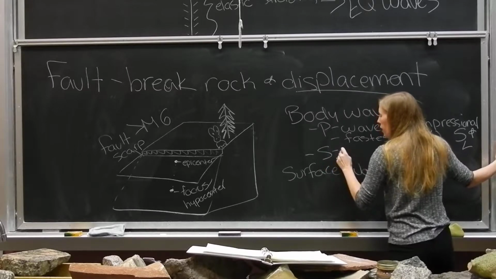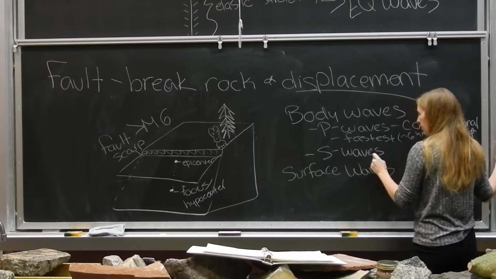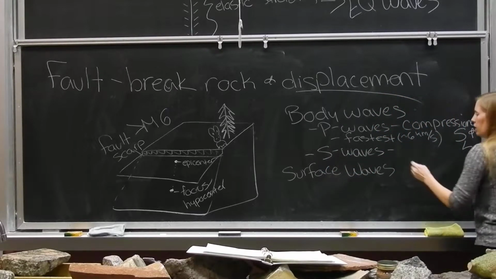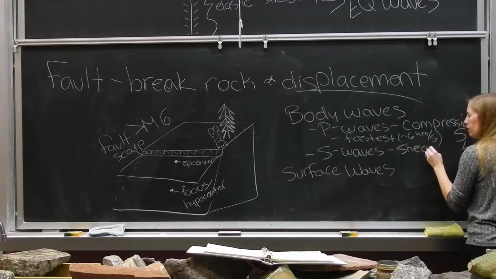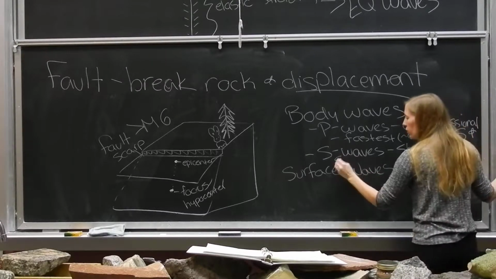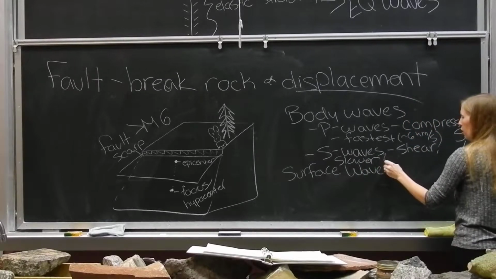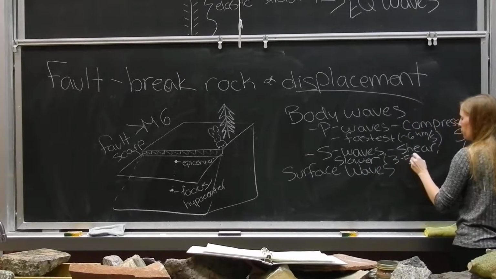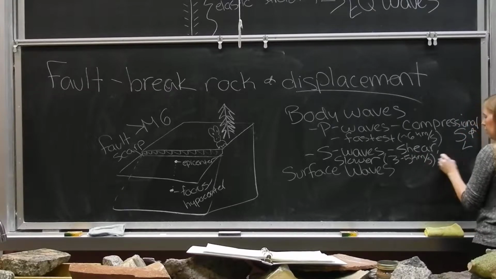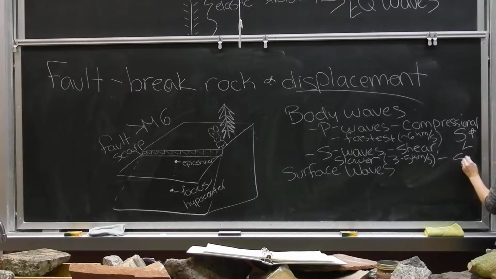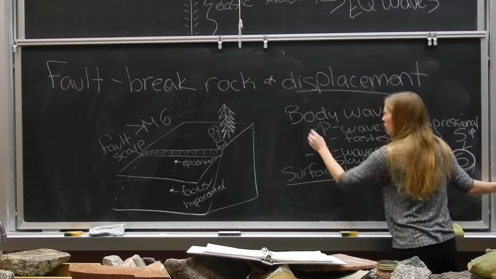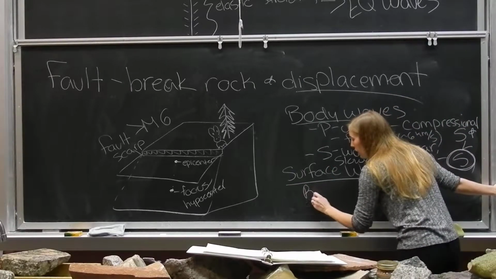Then we have our S waves. These are shear. These are slower, about 3 to 5 kilometers per second. And these can only go through solid. And then our surface waves, we've got our Rayleigh waves.